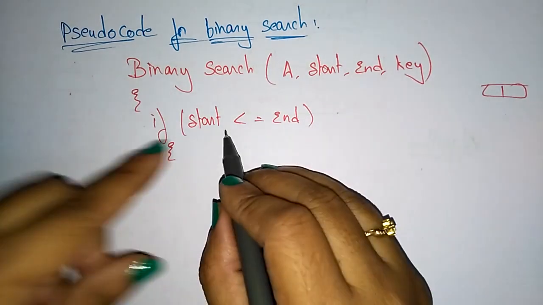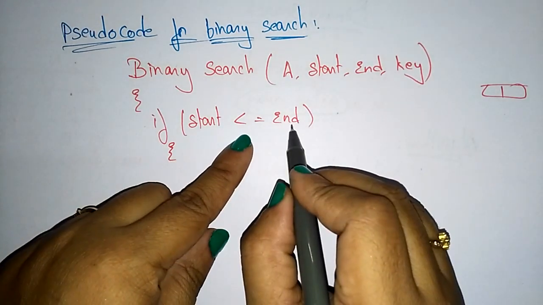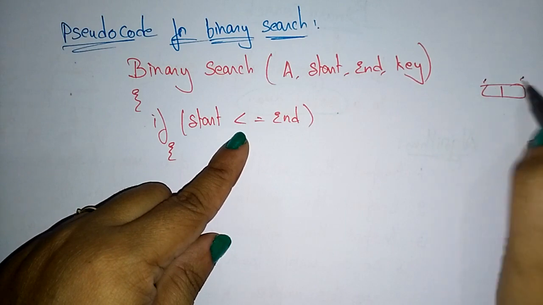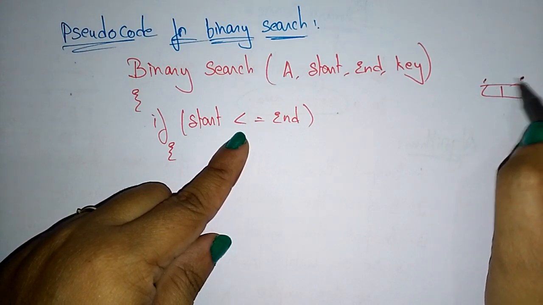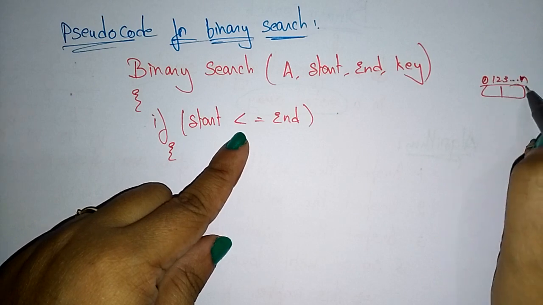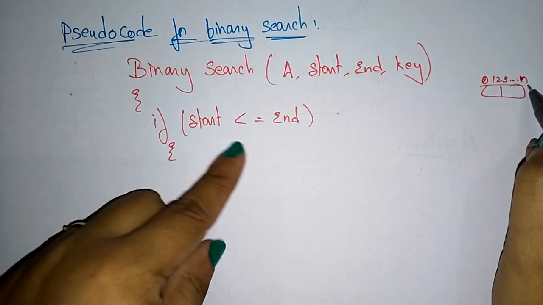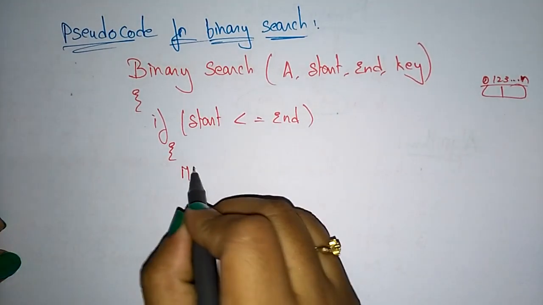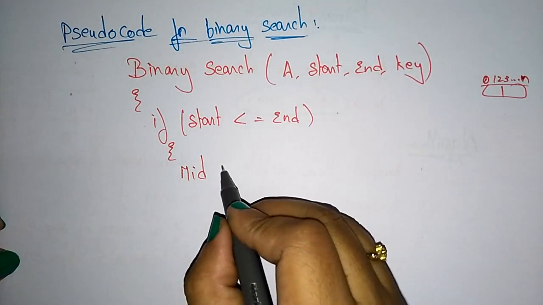Start is always less than or equal to end, so end will be more. The array runs from 0, 1, 2, 3 up to n; this is end. So if start is less than or equal to end, then enter into this loop.